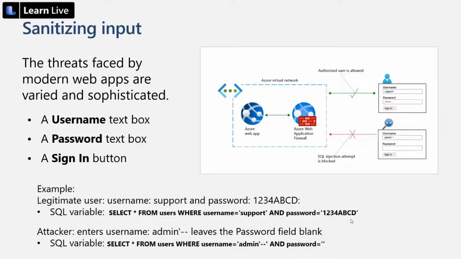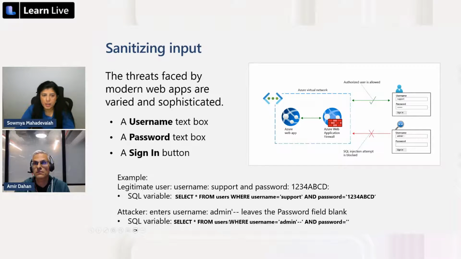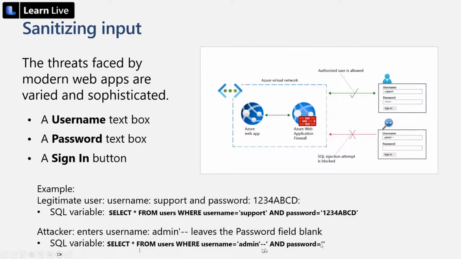What a malicious actor would do is, in the username field, enter admin followed by a hyphen and double dash, and leave the password field blank. The web application would then convert it into a SQL statement where username is admin, followed by the dashes, and then password as blank.